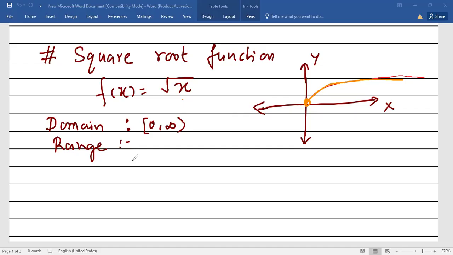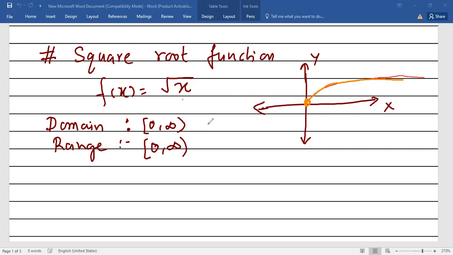Range will be 0 to infinity. Here what is important is we will not take the negative values of f(x). Otherwise, this will not become a function. So that's why we will take the range as all the non-negative real numbers. So domain and range both will be non-negative real numbers.